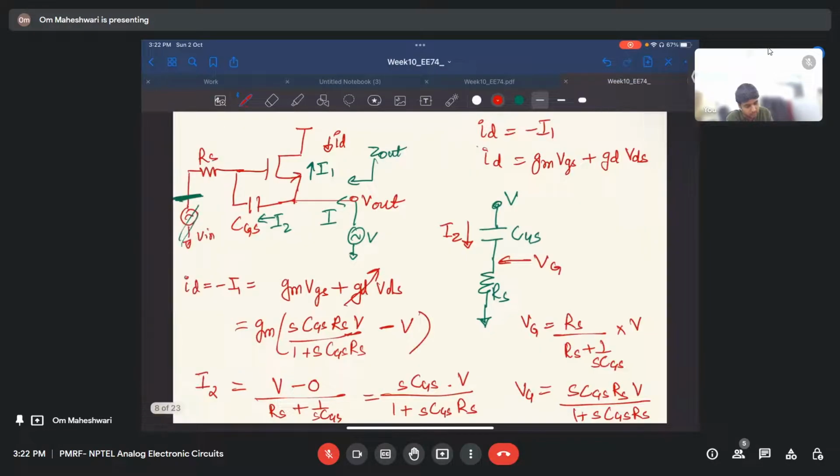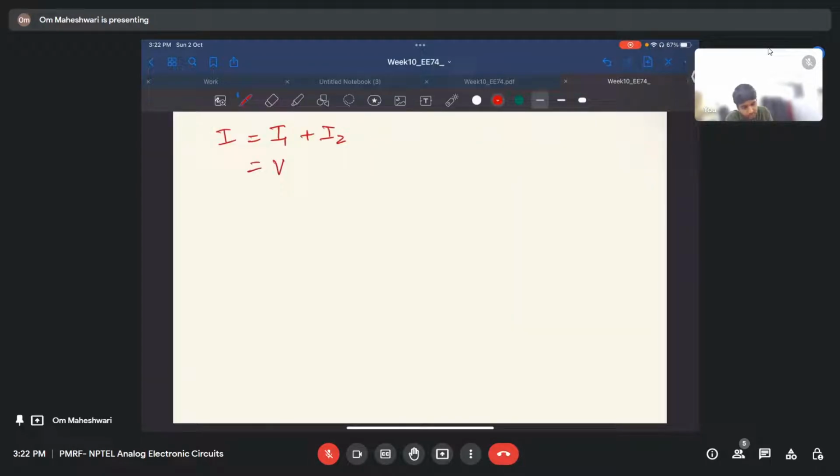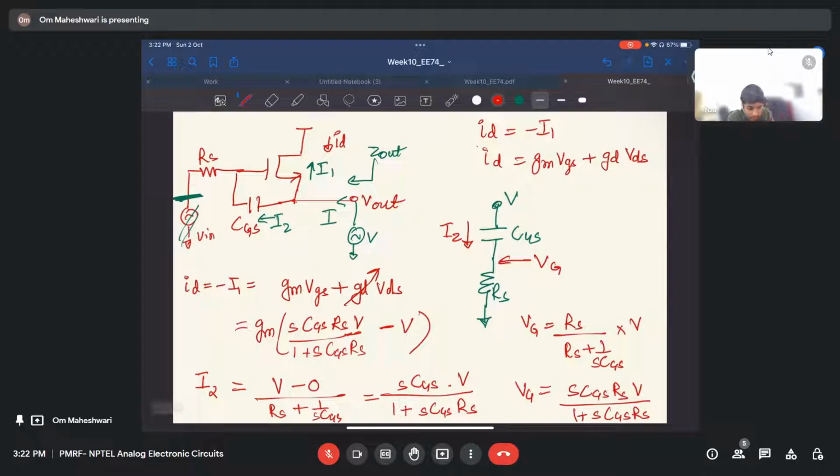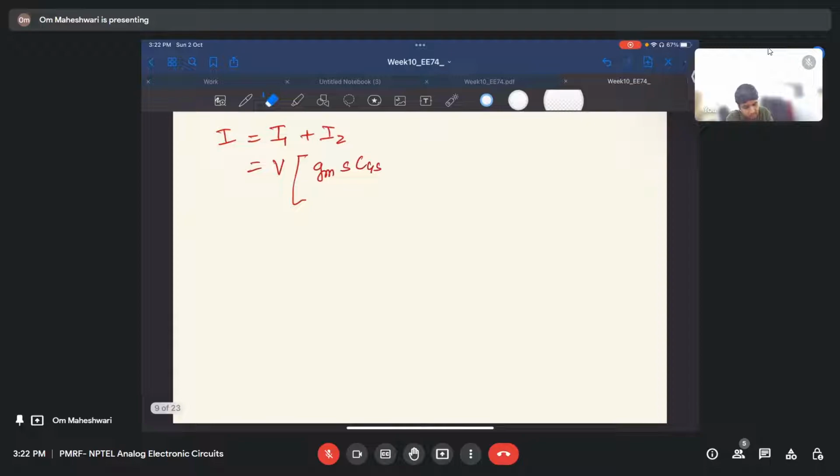I1 is GM times V GS, let me take V common. One more thing, it will be negative, right? This is minus I1. So I can get this.